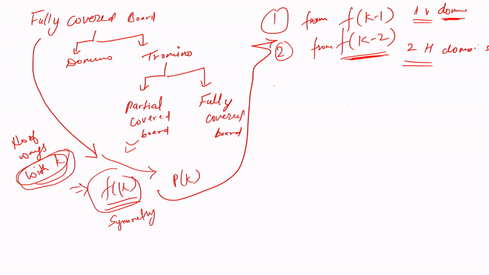So if we talk about p of k minus 1, right? Here we can add one L-shaped tromino. From f of k minus 1 and f of k minus 2, I was adding one horizontal and two vertical dominoes, right?